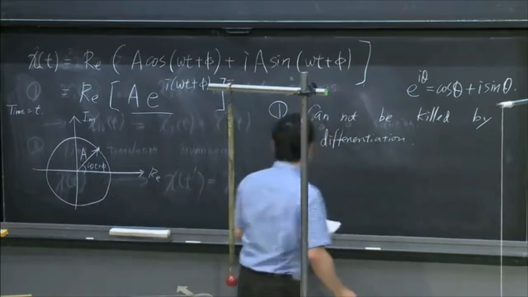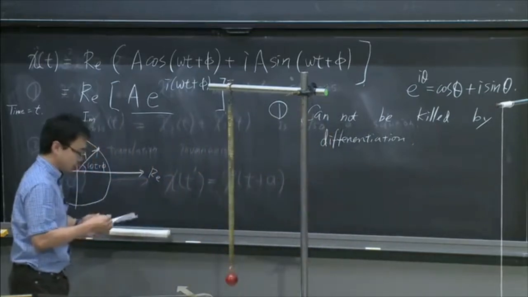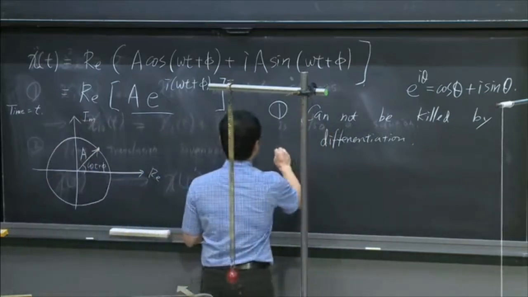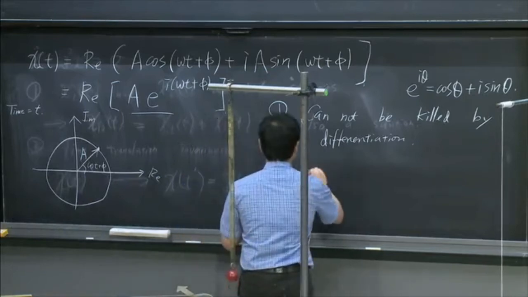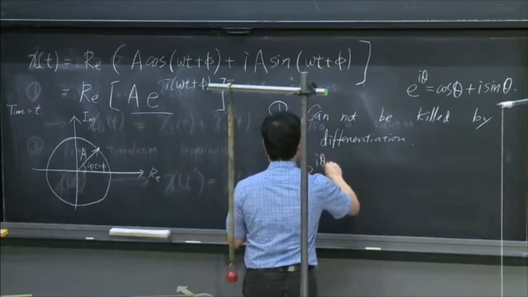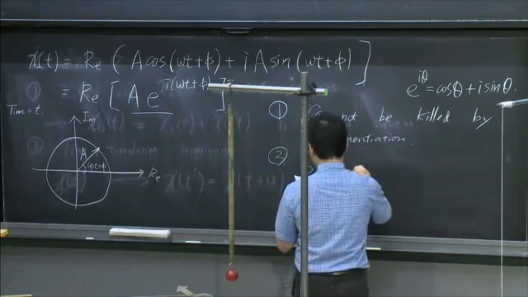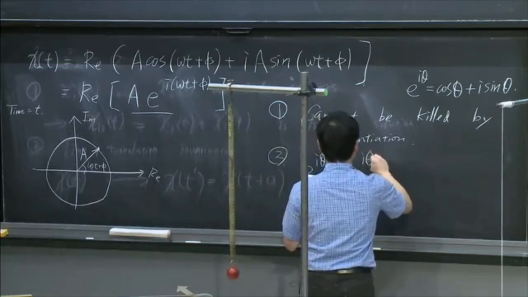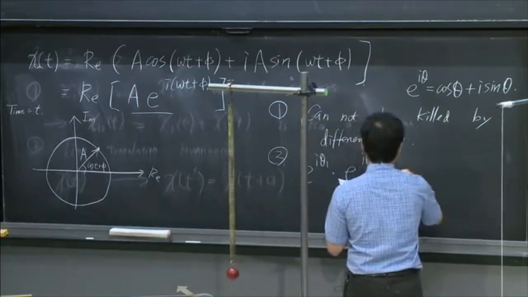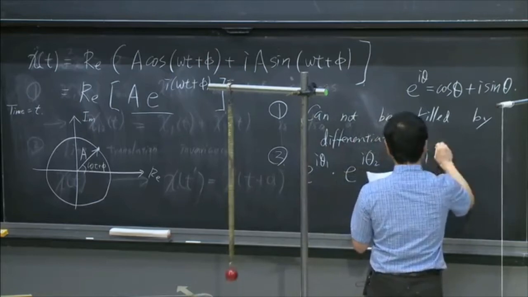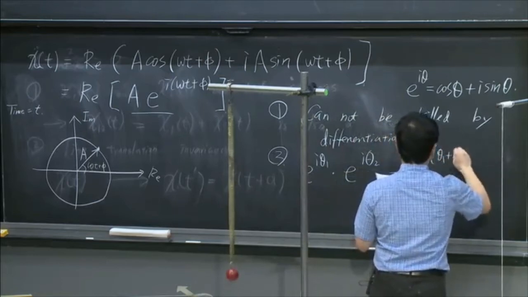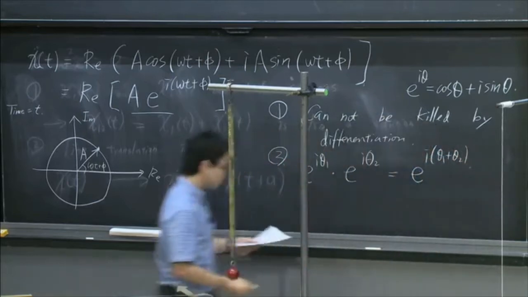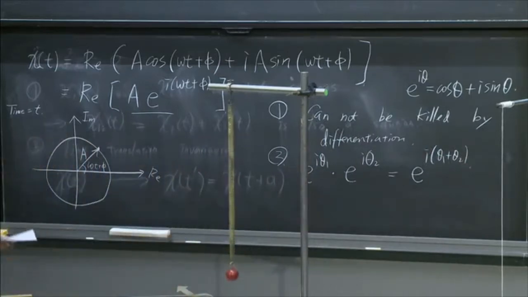The second thing which is really nice is that it has a very nice property. Exponential i theta 1 times exponential i theta 2 will give you exponential i (theta 1 plus theta 2). So what does that mean?